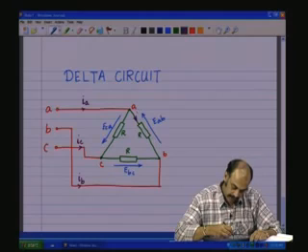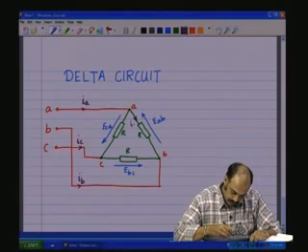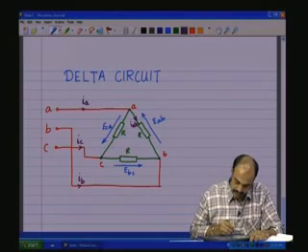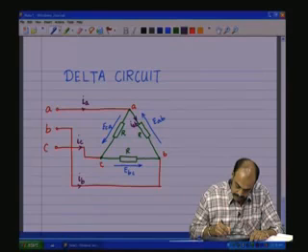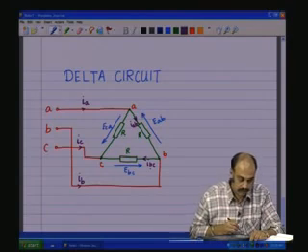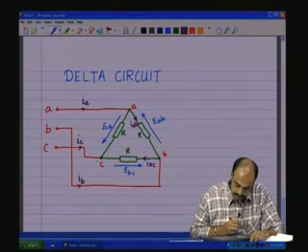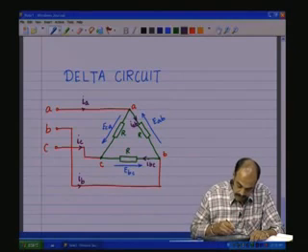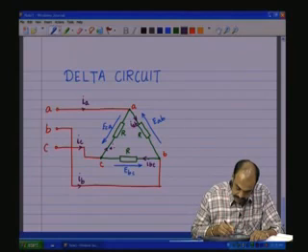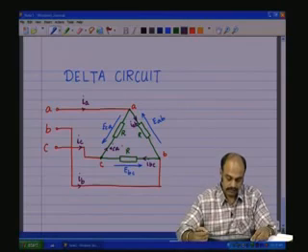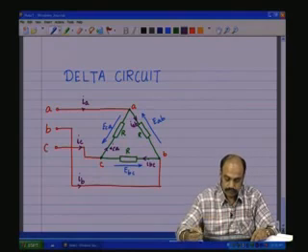Let us call that one as IAB, and then we have a current B to C, and we will call that one IBC, and then we have a current from C to A, and that we shall call as ICA.